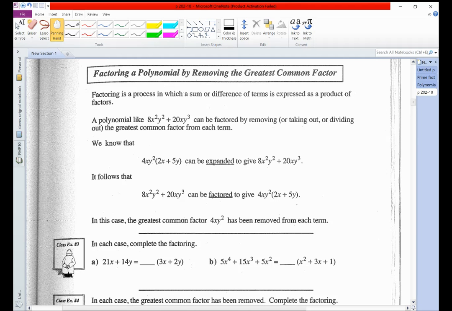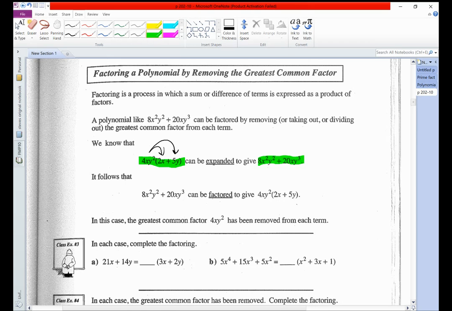So if you look here, we know that if we expanded this, 4xy squared multiplied by 2x plus 5y, if you multiplied that number in, we would get the term 8x squared y squared plus 20x y cubed.